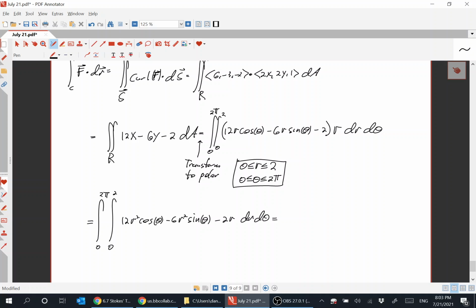Maybe I should have done it dθ dr. So I'm going to integrate sine from 0 to 2π, and I'm going to integrate cosine from 0 to 2π.